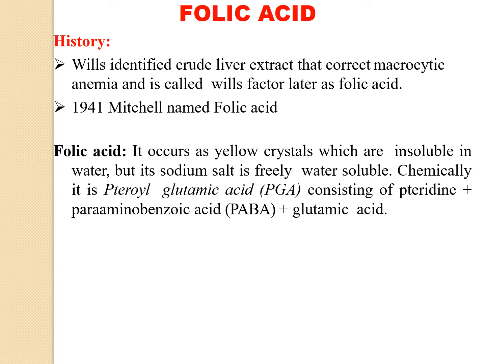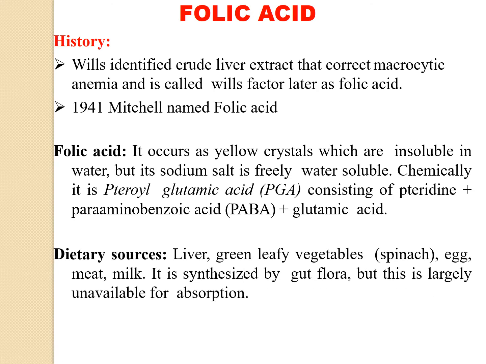Actually, folic acid occurs as yellow crystals which are insoluble in water, but its sodium salt is freely water soluble. Chemically, it is pteroyl glutamic acid, consisting of pteridine plus para-aminobenzoic acid plus glutamic acid.